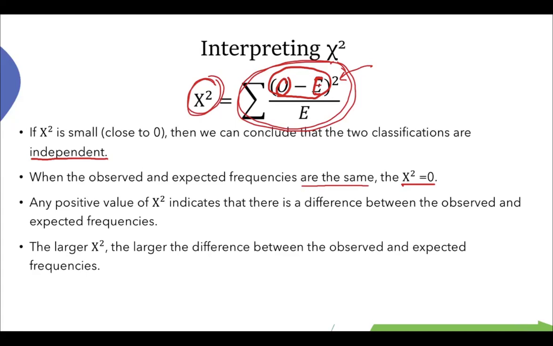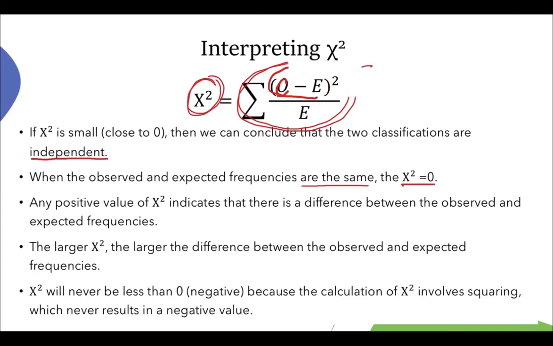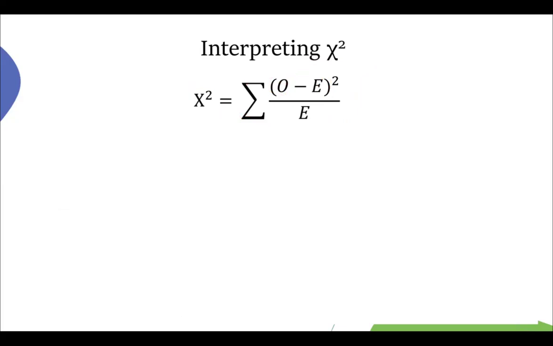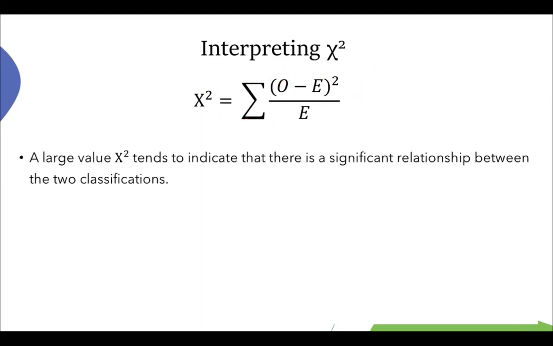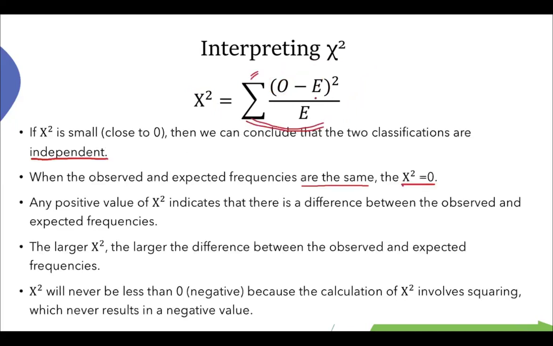So the same reason why if there's a small difference, here we go again. Okay, so if there is a small difference, this subtraction is going to be very small.